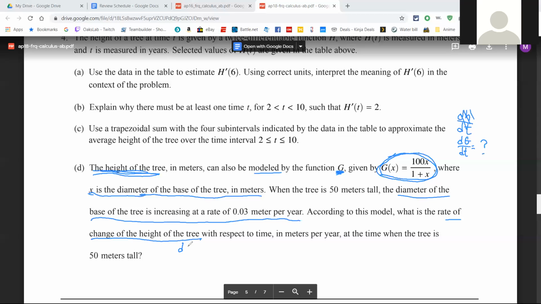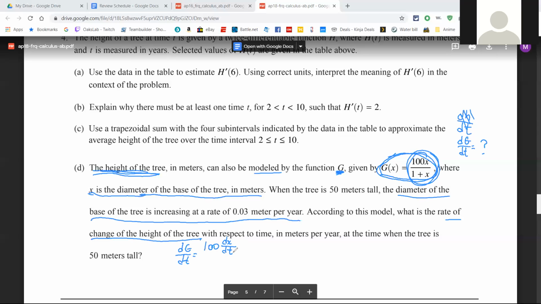So to find the derivative, do you know what you have to do on the right side here? The quotient? Yes, you have to do the quotient rule. So I have to take the derivative of the top. Now don't forget, you took the derivative of the variable x with respect to time.